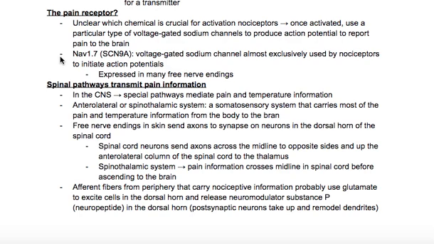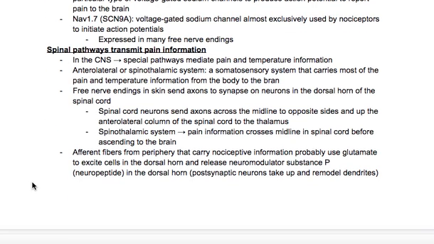NaV1.7, or SCN9A, is a voltage-gated sodium channel almost exclusively used by nociceptors to initiate action potentials, and it is expressed in many free nerve endings. So SCN9A is the specific voltage-gated channel used to produce action potentials to report pain to the brain.